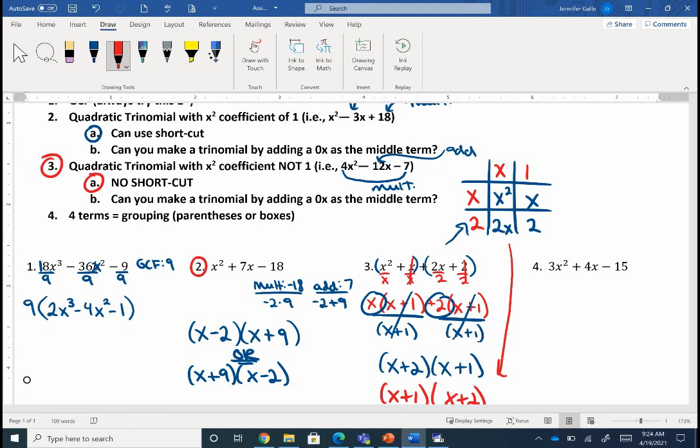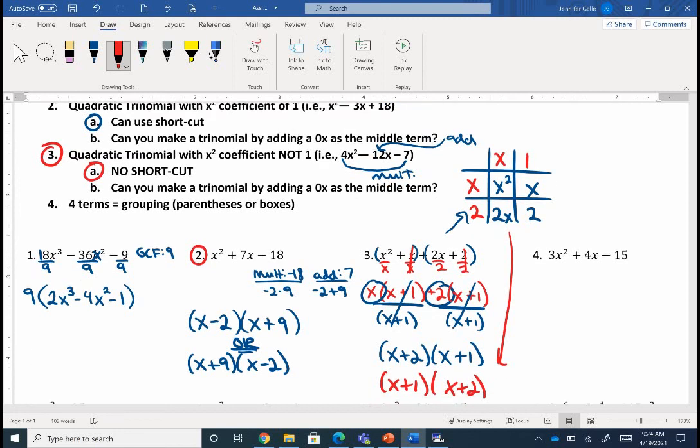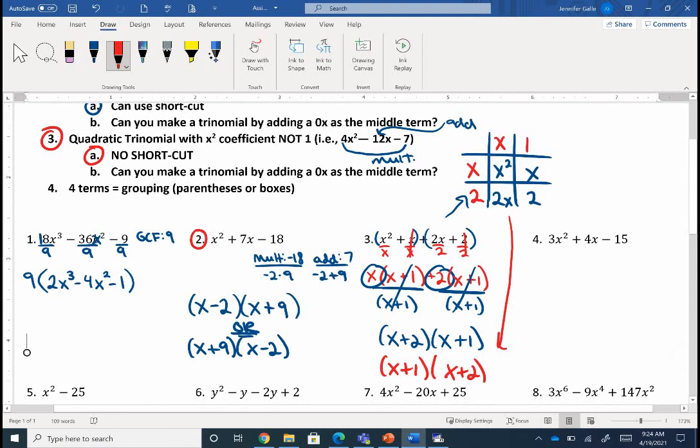Option 3 was the very last thing we worked on in our last lesson. So I want to make sure I refresh on that today. It's the last technique we haven't used yet. In order to do that one, we had one small extra thing. We had to multiply the first number times our third number.